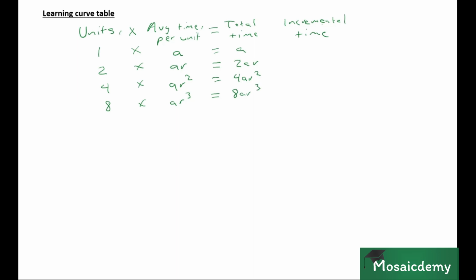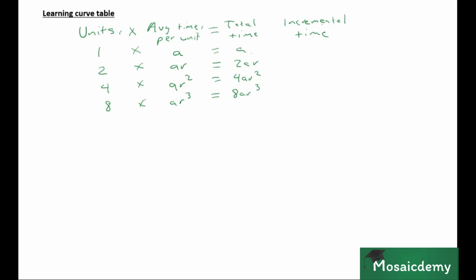As for incremental time, we'll just show how that calculation is done based on the actual numbers once we fill this out. But this standard format of formulas is very useful to know, because what you can do then is simply find the values for A and R, plug them in, and you have your complete learning curve table.